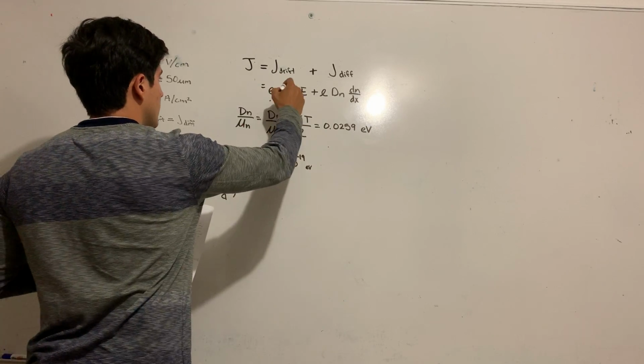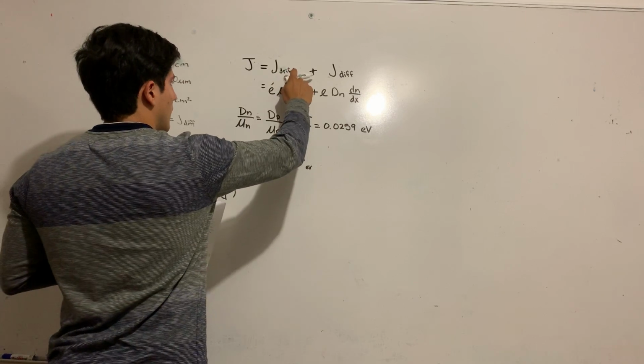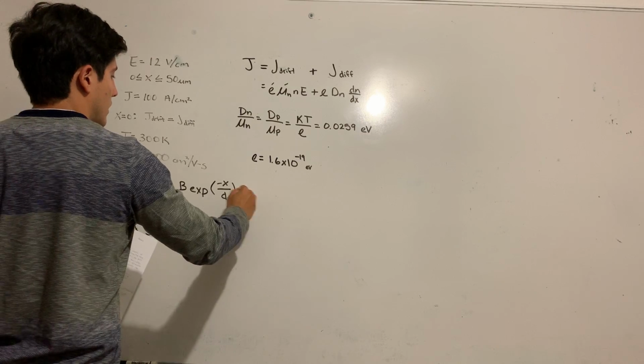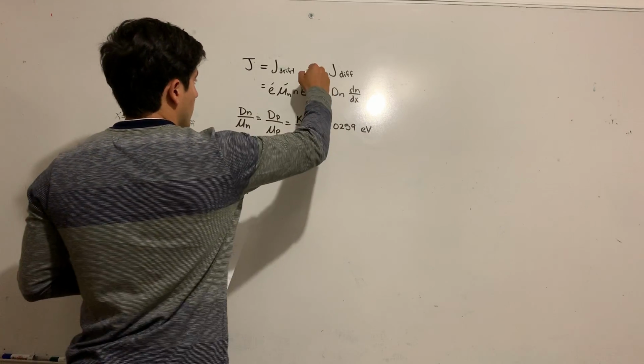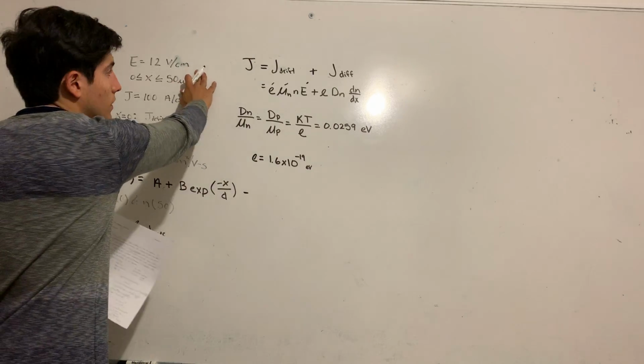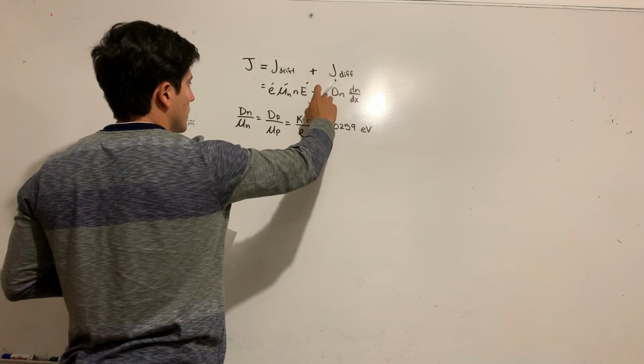N is going to be our expression, which we do not have yet. E is going to be our constant electric field, and again e is the electron charge.